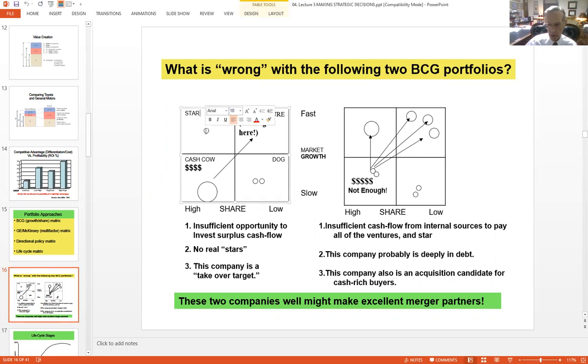And then eventually, over time, the star, as the market matures and the industry matures, would work its way down to a cash cow. And then eventually that market might go away. So this business that is represented by this BCG matrix is not in good shape, is it?